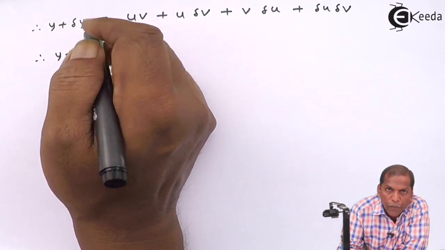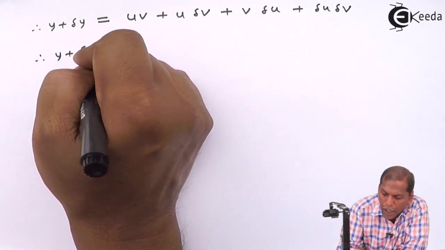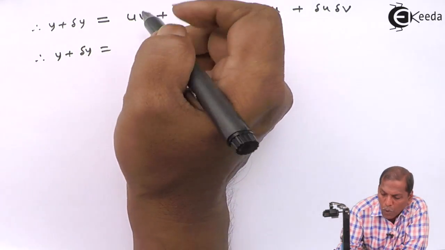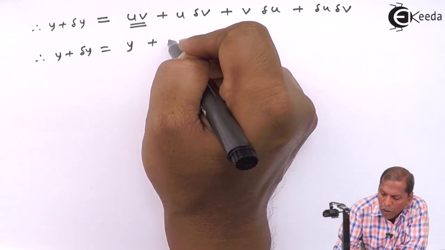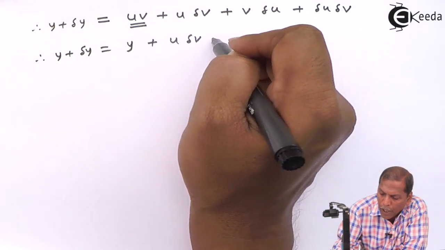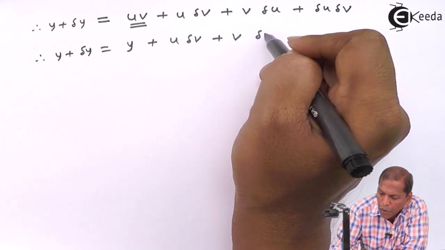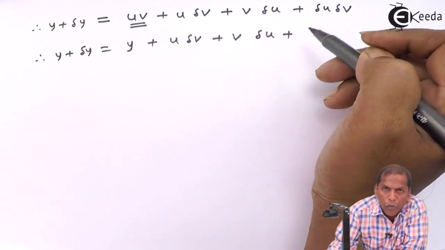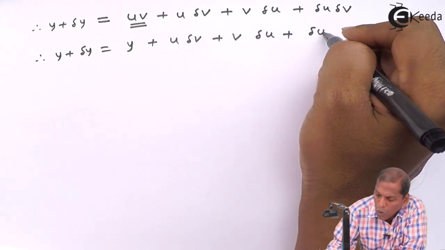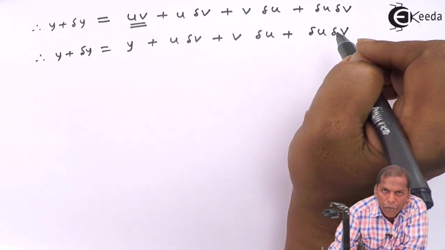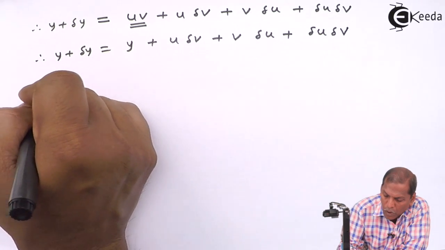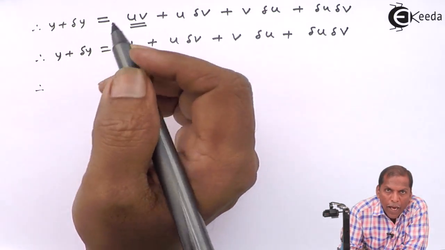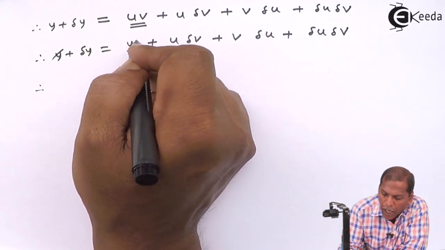Therefore, the next step will be y plus delta y is equal to, now here for uv we write y, then plus u delta v plus v delta u plus delta u delta v we write as it is. Then we cancel y from LHS and RHS.